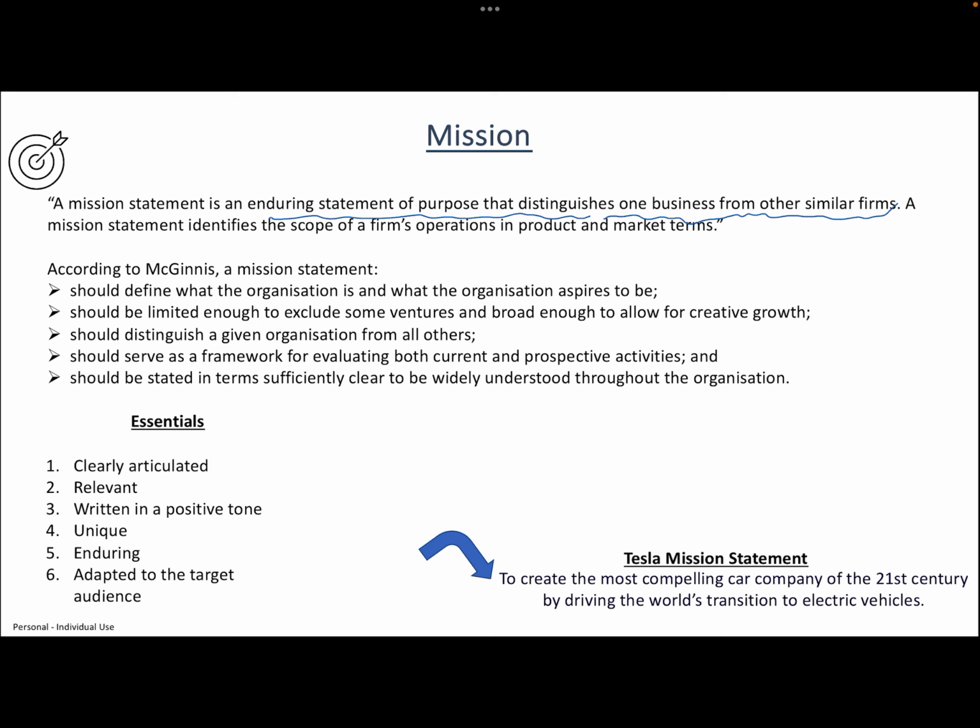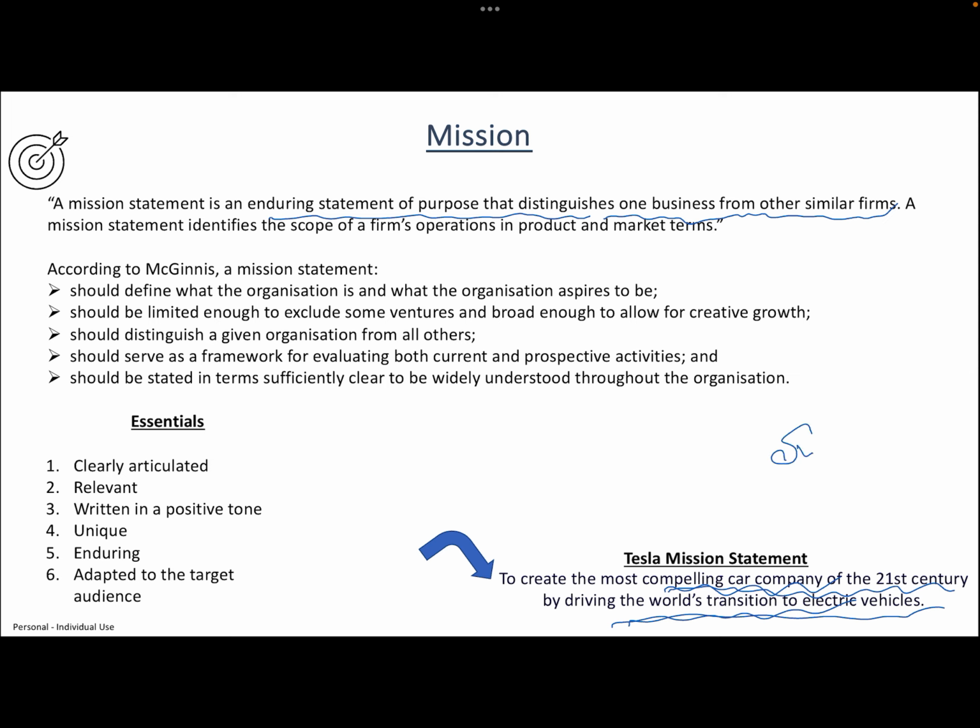Now the mission statement of Tesla clearly says that they want to be the most compelling car company of the 21st century by driving the world's transition to electric vehicles. So the mission statement clearly says that they are going to be a car company and they are going to drive the world's transition to electric vehicles.